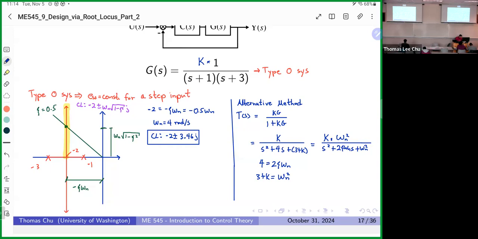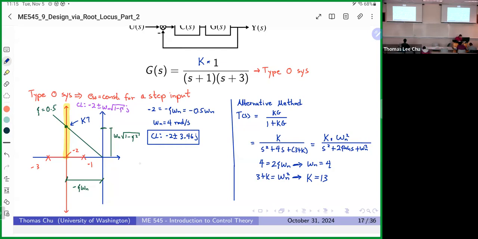Because right now we need to figure out the value of K corresponding to this point. And from here, we can find that omega n is equal to 4, given that zeta is equal to 0.5. And then from there, we're actually able to determine the gain K as well. So 16 minus 3, so K is equal to 13. So that's the alternative method.